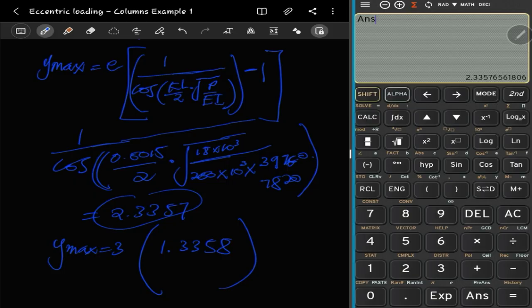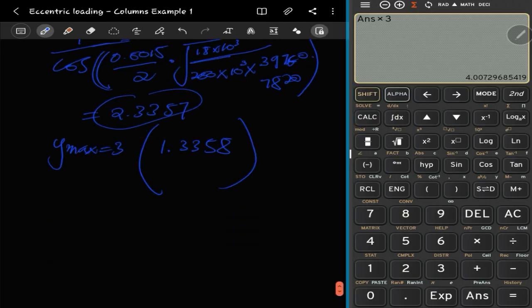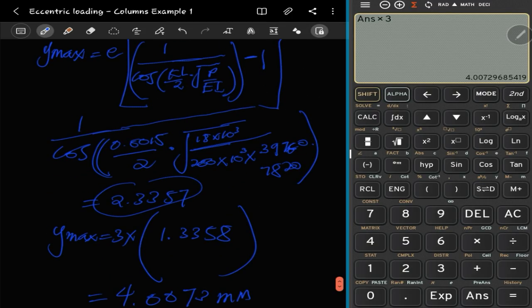So this minus 1, answer times 3. And this is what it gives us, because we made sure that everything was in mm, right? We get 4.0073 mm, which is approximately about 4 mm. Okay, so we have this.